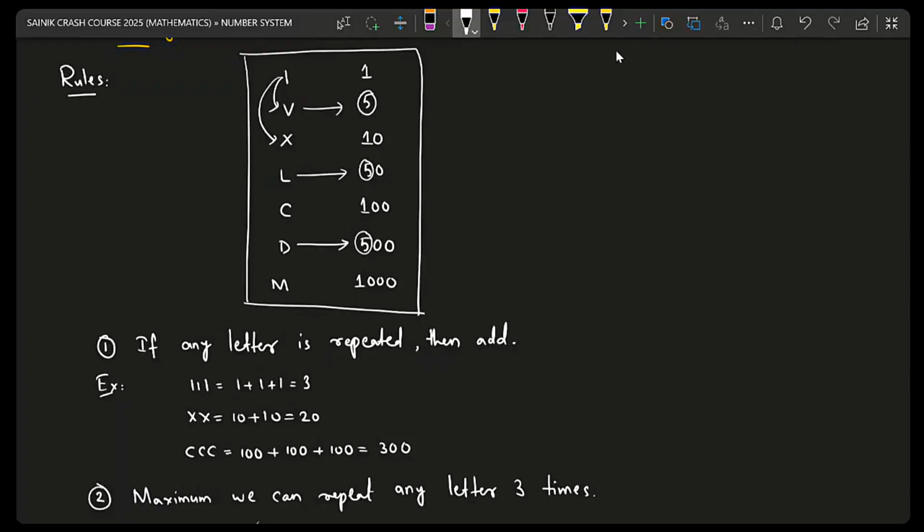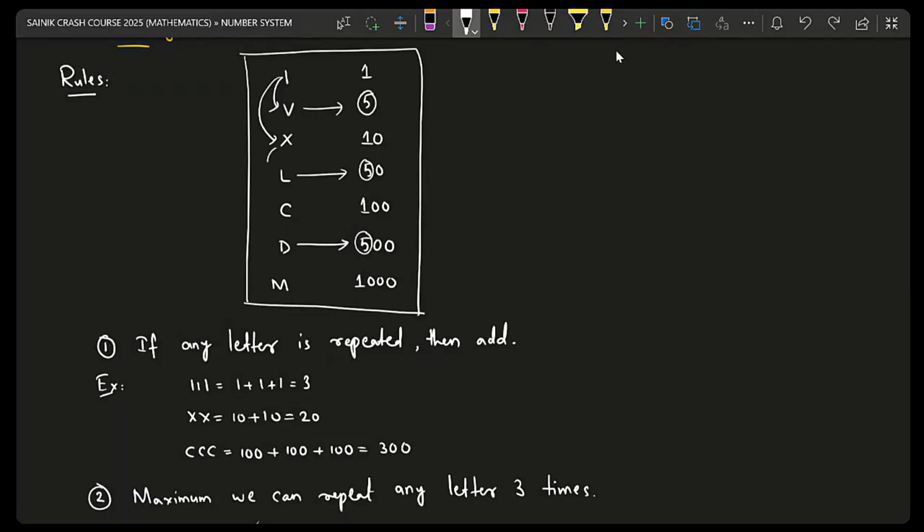So suppose you write I subtracted from L, that is a wrong answer. You cannot do that. If I want to subtract I from C, that is also a wrong answer. You cannot do that. I cannot subtract I from D, that is also wrong. I cannot subtract I from M, that is also wrong. So you can subtract I only from V and X, but not from other letters. Similarly, X can be subtracted from its next two greater successors.